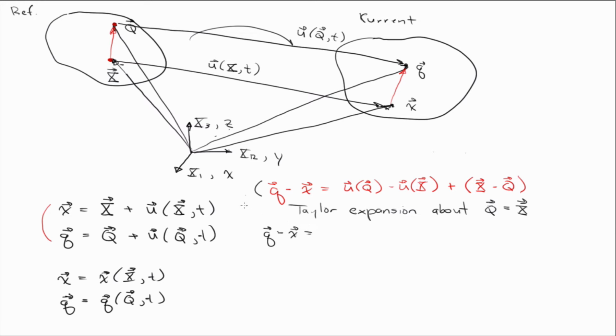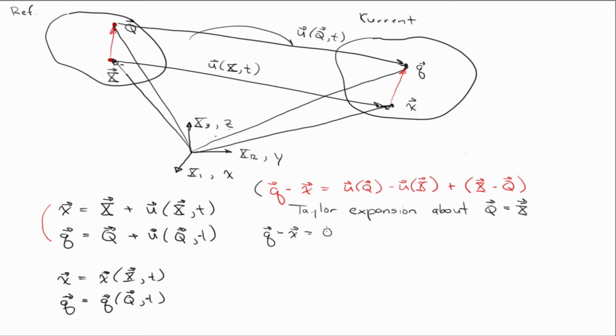And here I'm going to switch to indicial notation, because remember, these are all vectors, right? So we're doing a Taylor expansion of vectors, and so you have to go back to Calc 3 to remember how to do this. Okay, so I'm going to write everything out.